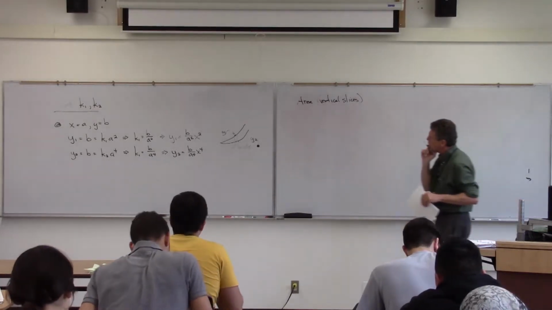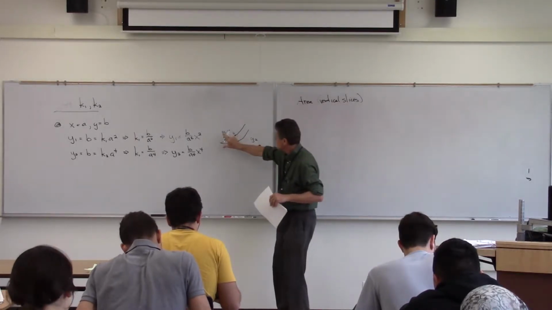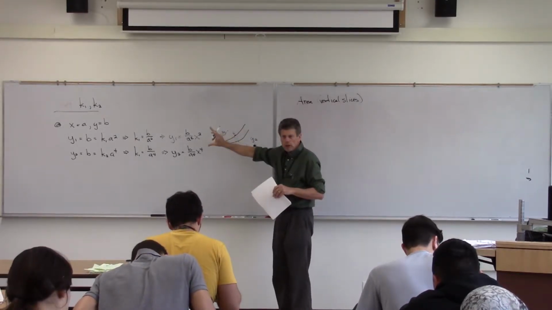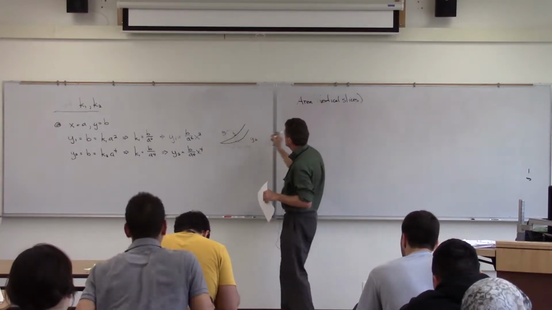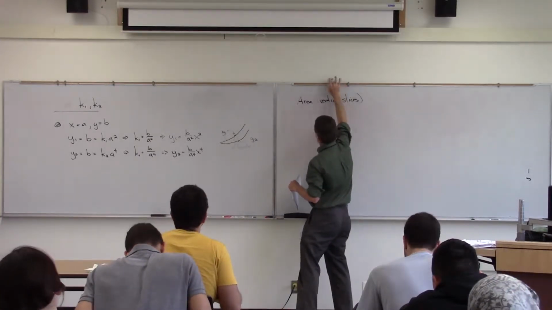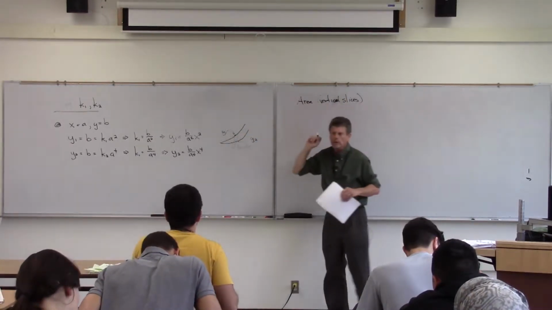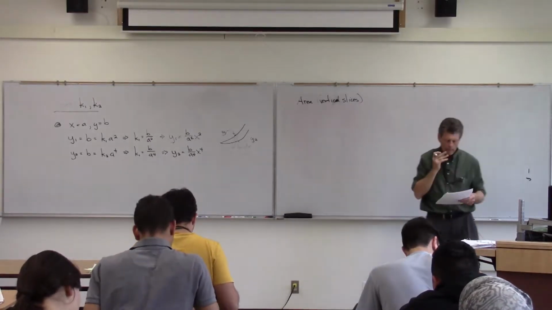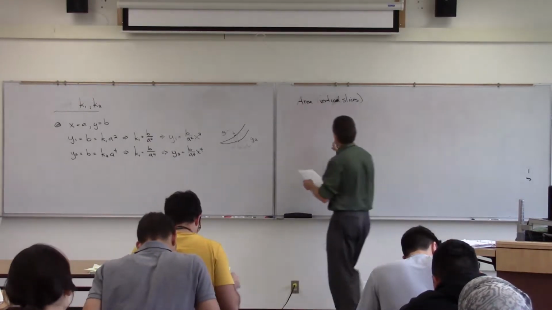We've got a y1 and a y2. So our vertical slice is going to be not only changing in size, but it's also going to be moving up the y-axis. Even the bottom will be moving up the y-axis there. But again, something we can deal with.